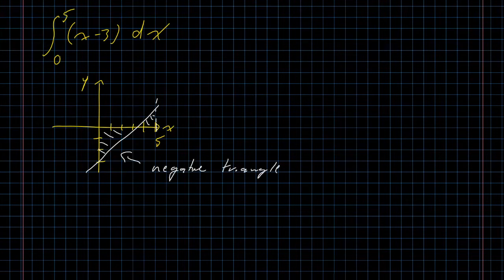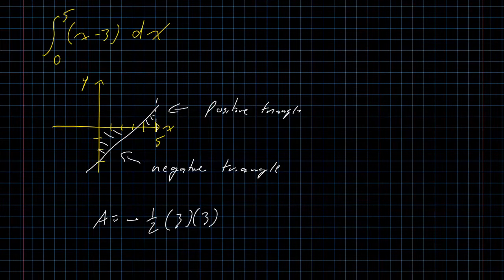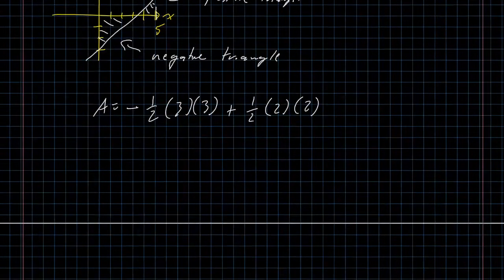We have a negative triangle, and we have a positive triangle. The area of the negative triangle is going to be negative 1/2 times the base, which is 3, times the height, which is 3. The positive triangle is going to be plus 1/2 the base, which is 2, the height, which is 2. So we get -9/2 plus 2, all told is -5/2.